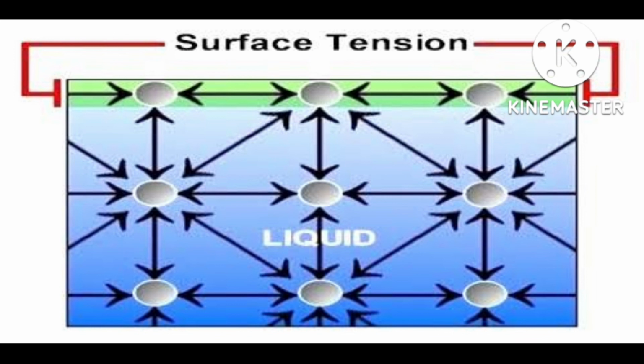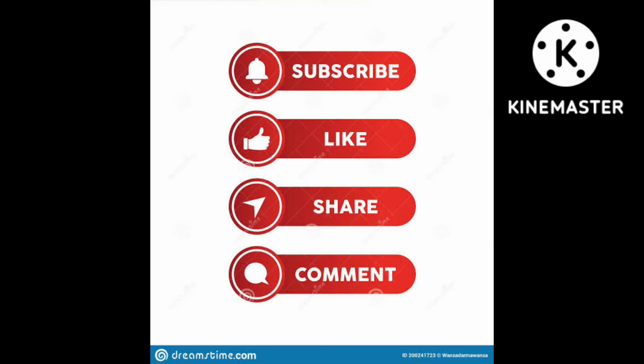First thing, attractive forces large means surface tension large. Now the second thing, increase in temperature. If you increase the temperature, it increases the kinetic energy of the molecules. Then molecules will move fast, and effectiveness of intermolecular attraction decreases.